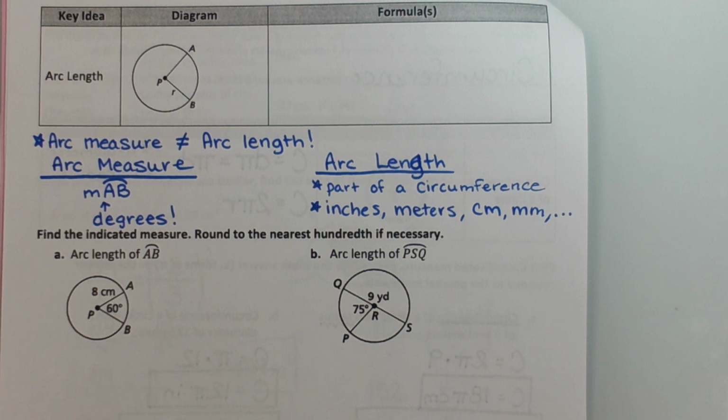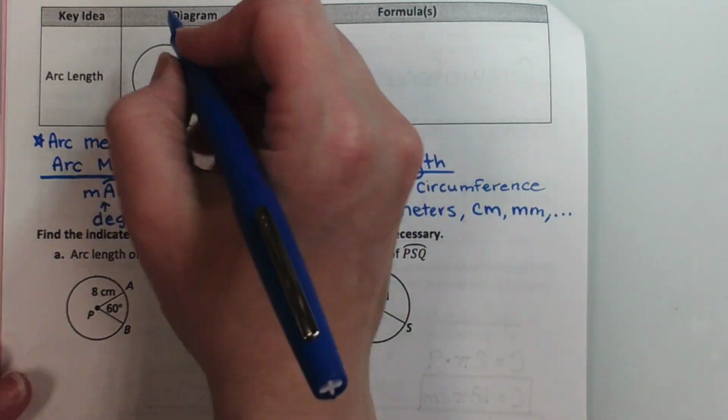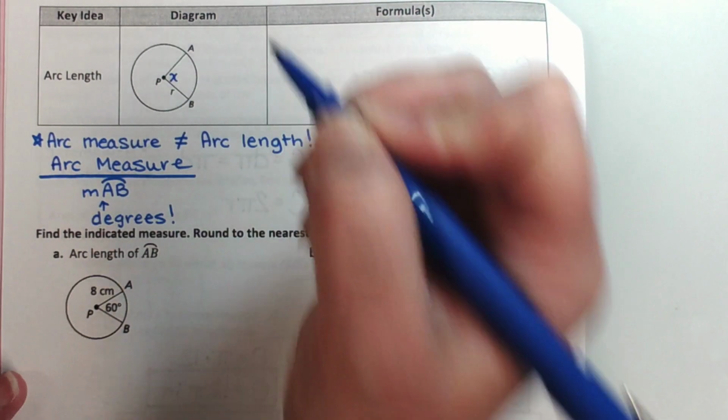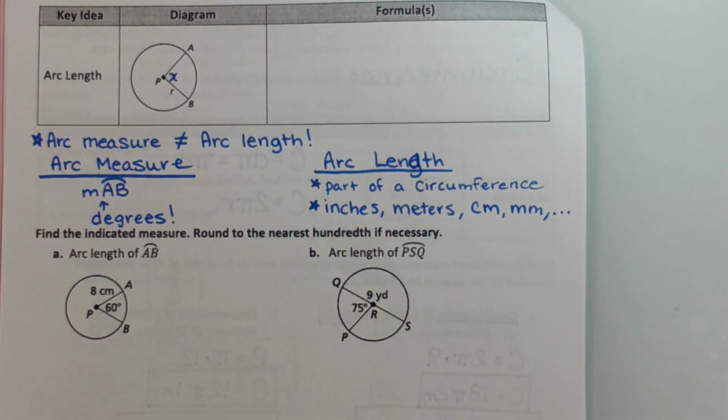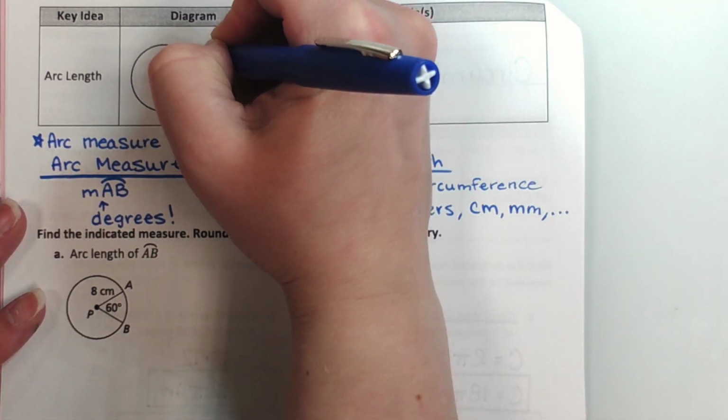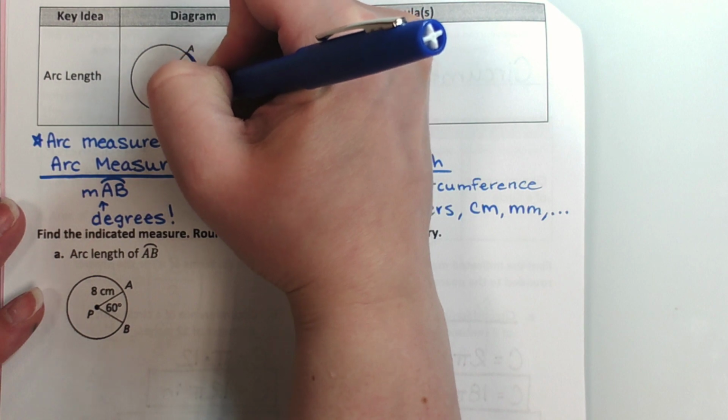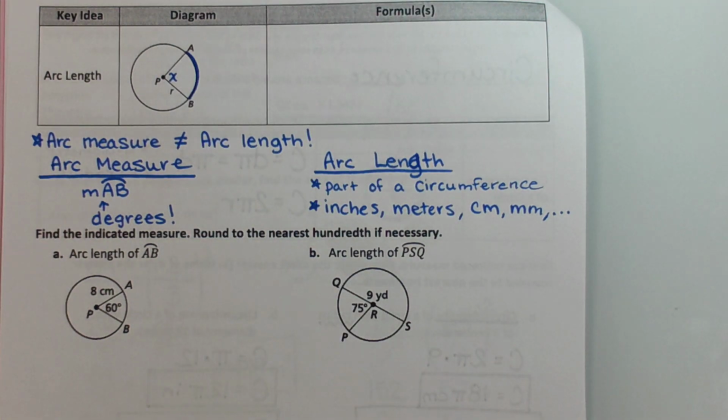If I want a quarter of a circumference, I put a quarter in front of it. How much of that we do depends upon the central angle that corresponds with the arc that we're looking for the length of.